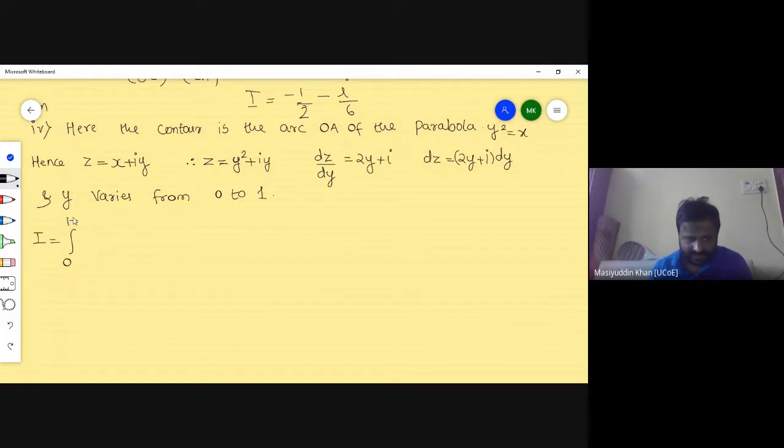The function was x minus y plus i x square into dz.